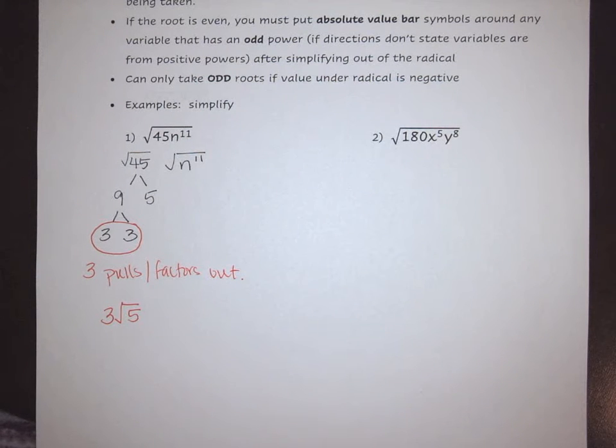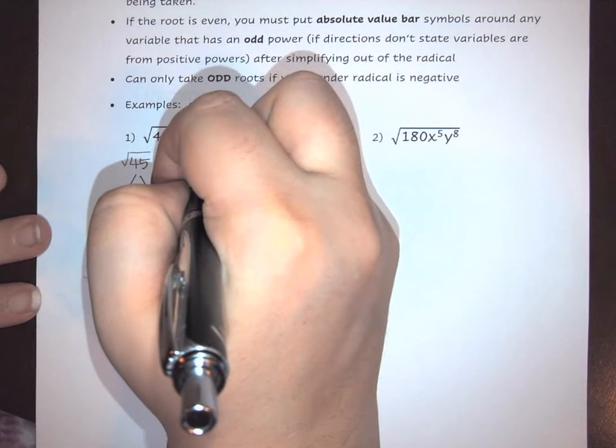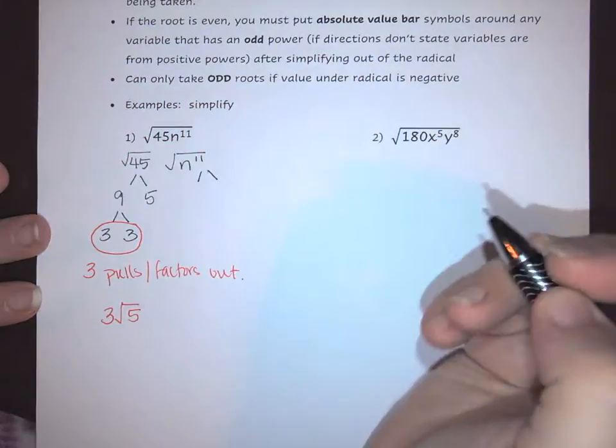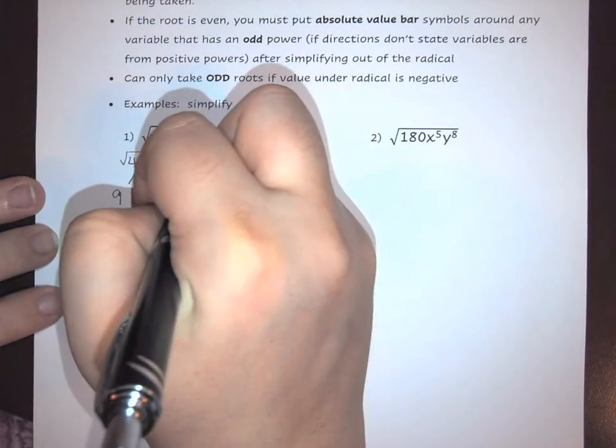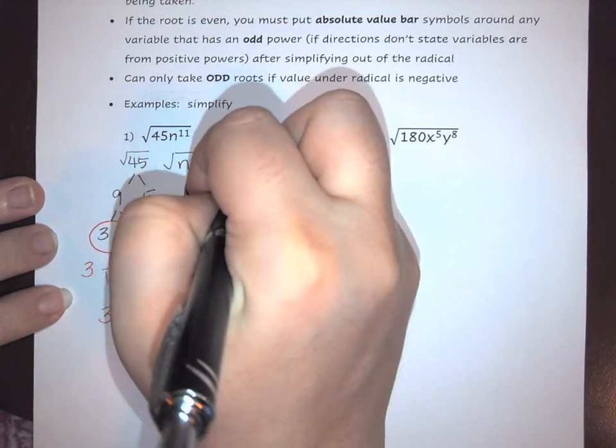Now I have to do my variable, and my variable is done in a very similar way, only everything we do to break it down is done inside the power. One of the things I know is that n to the 11th can break down into n and n to the 10th.